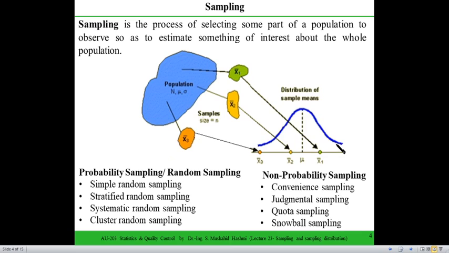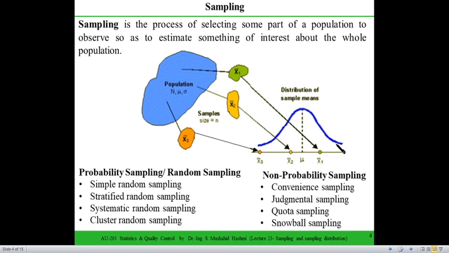In contrast, there is non-random sampling, or non-probability sampling, and there are different types of it. Convenience sampling: in non-random sampling, not every member has an equal chance of being selected, so there is subjectivity or bias associated.